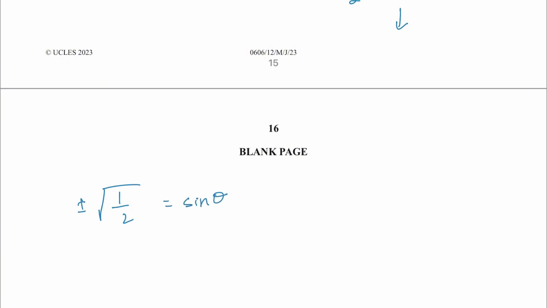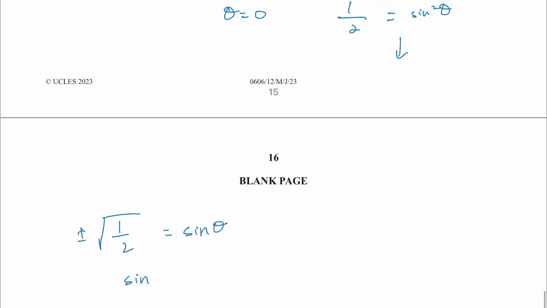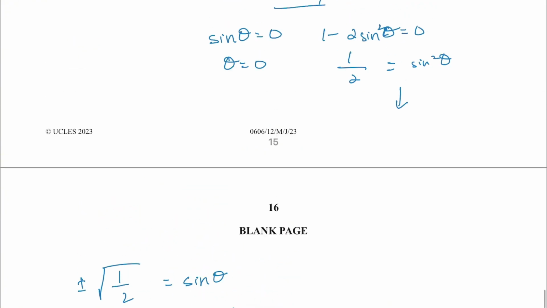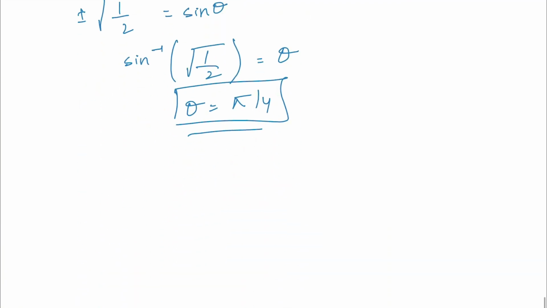And if we solve this, since it is in the first quadrant only, we'll be using plus root 1 over 2, so that would be sine inverse of plus root 1 over 2. We get our theta as pi by 4. So theta will lie between 0 and pi by 4.